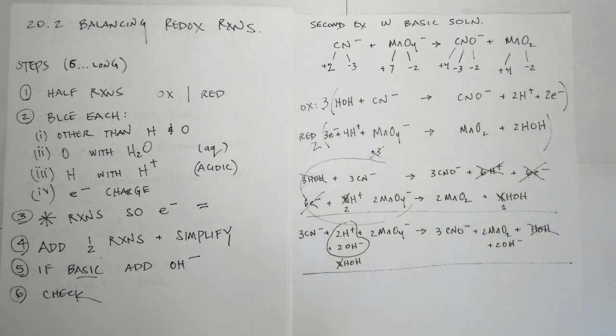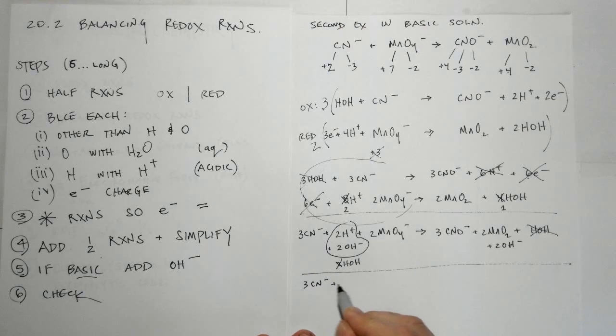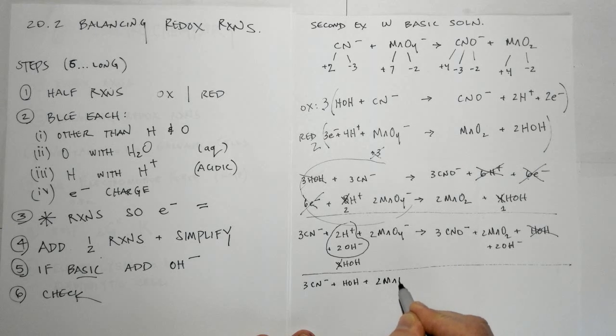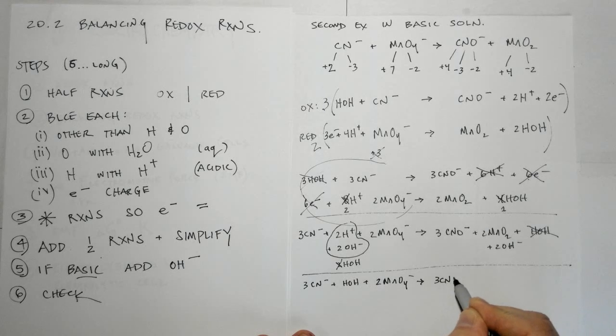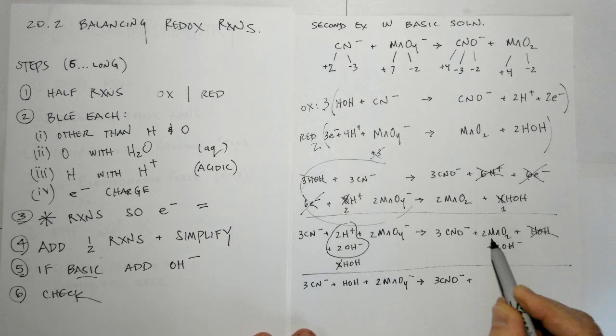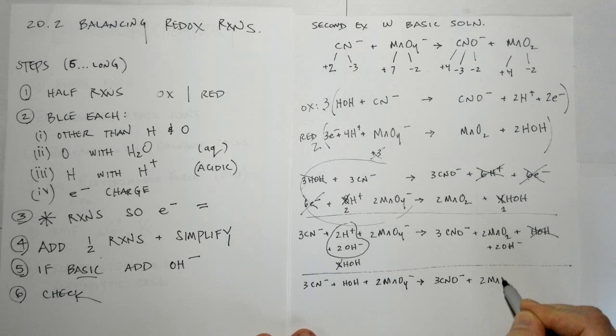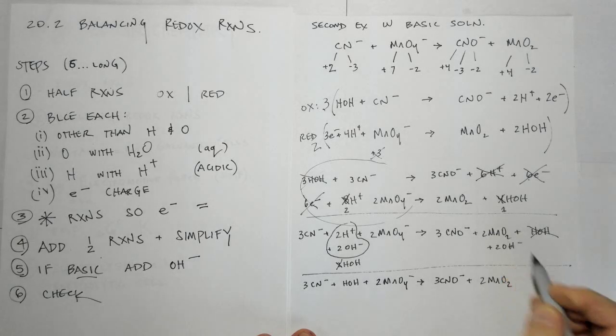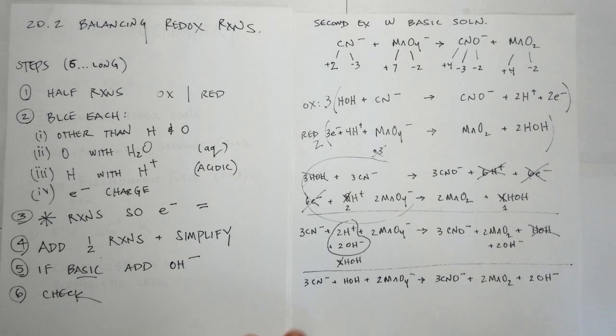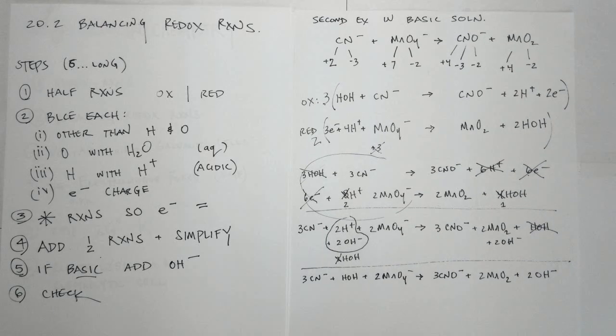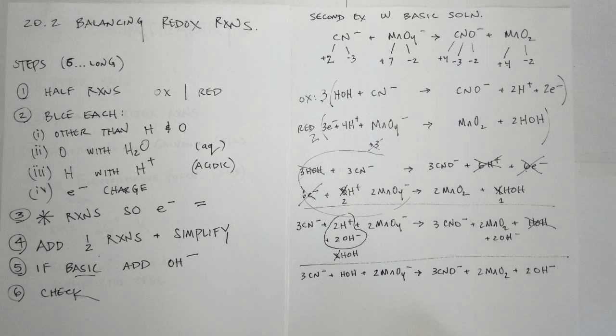Now let's carefully rewrite this. 3 CN- plus 1 water plus 2 MnO4-, arrow 3 CNO-, plus 2 MnO2, no charge, plus 2 OH-. Now let's check and see if I copied everything correctly.